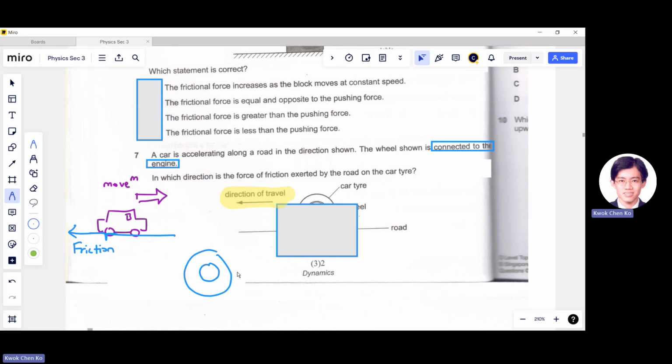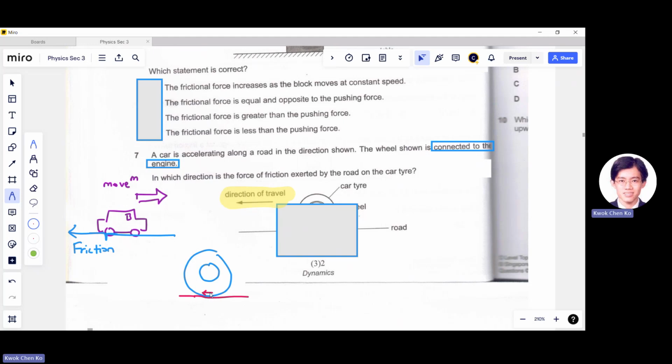All right, so think about it. It is actually turning. So how is the motion of the tire like? Let's assume the car is still moving from left to right. Now, if you think carefully, you realize that the point at which your tire comes into contact with the ground tells you this tire is actually moving from right to left.